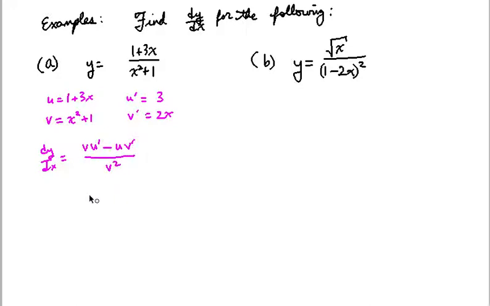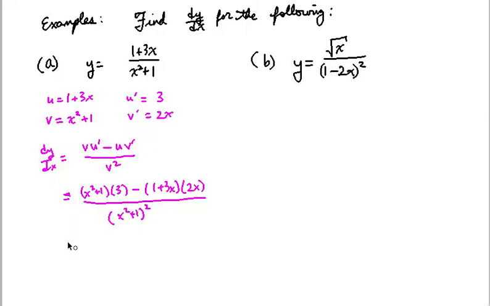So what is my v here? My v is x squared plus 1, so I just substitute that in. Okay, x squared plus 1 times my u prime, which is 3, minus my u, which is 1 plus 3x, times v prime, which is 2x. And all of that is over v squared, which is (x squared plus 1) squared.